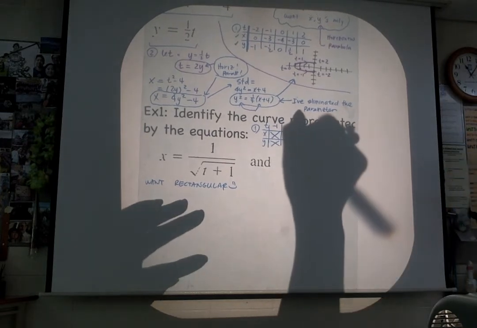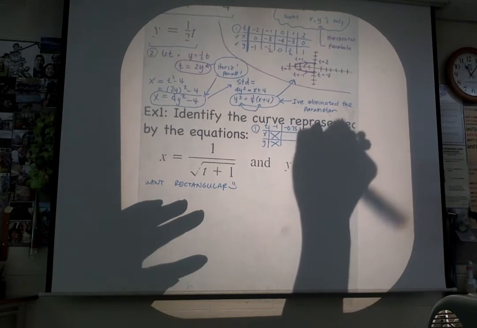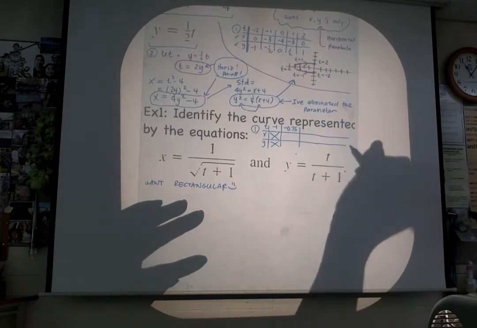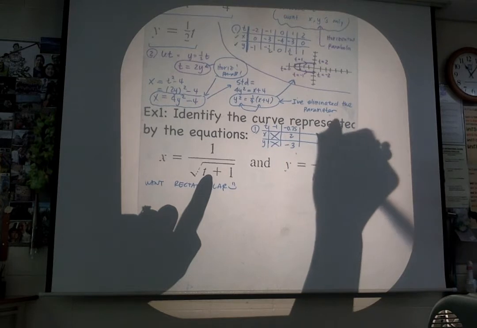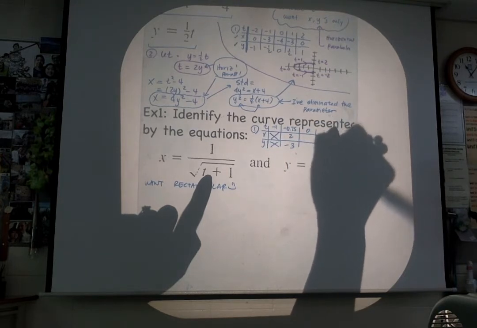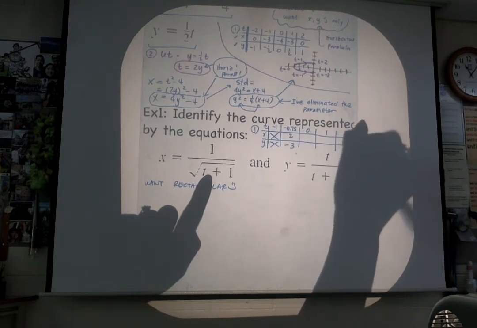Let's go on. I'm going to try some crazy values here. 0.75, but don't worry, I've already done the calculations for you. When you plug in 0.75, you get 2, and you get negative 3 here. Then t equals 0, 1, and 2.